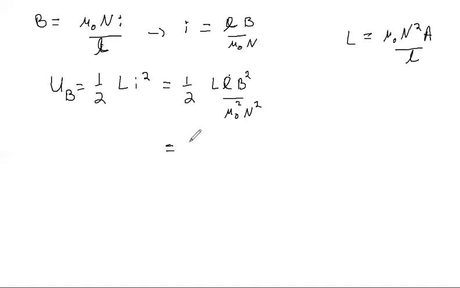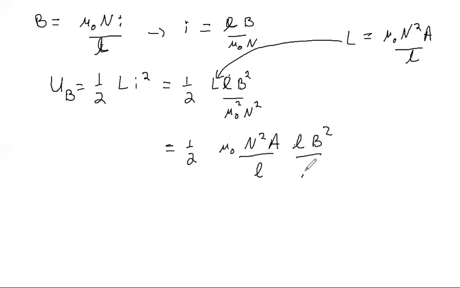So this becomes 1/2, plugging in for the inductance, mu naught N squared area divided by l, times l squared B squared over mu naught squared N squared, and canceling out most of the stuff.